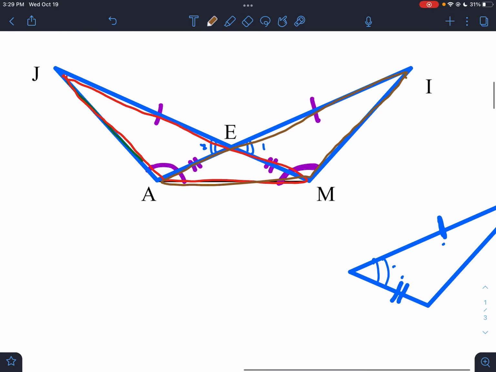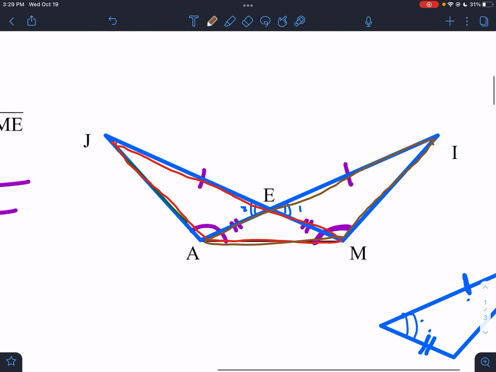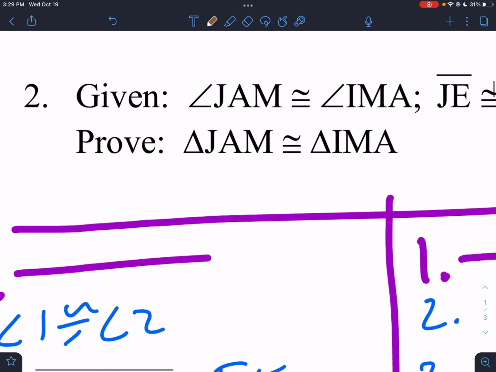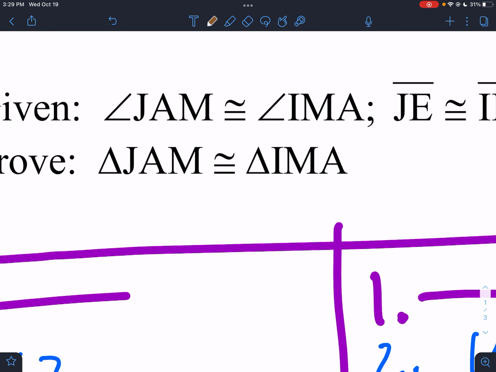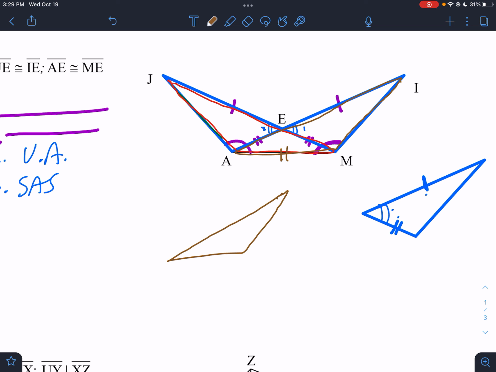So first, do brown and red overlap with each other? Well, think about what those names are called. JAM, IMA. They have two letters in common in the name. They both use AM. Look in the picture. They both use this side. If I redraw this brown triangle, there's a shared side here.